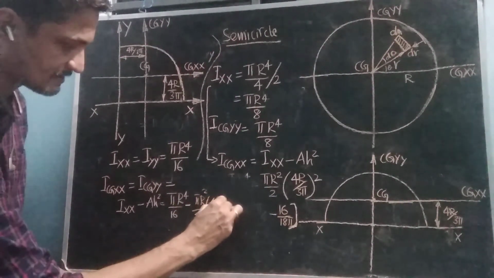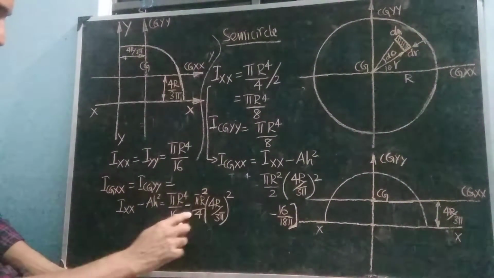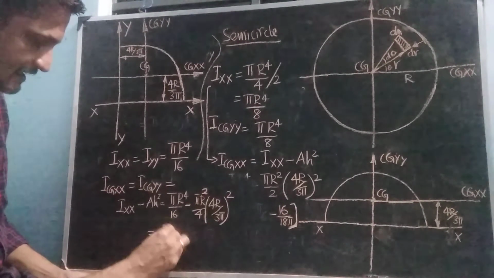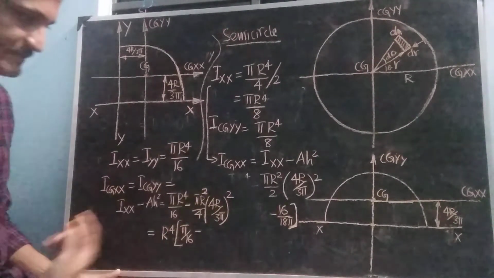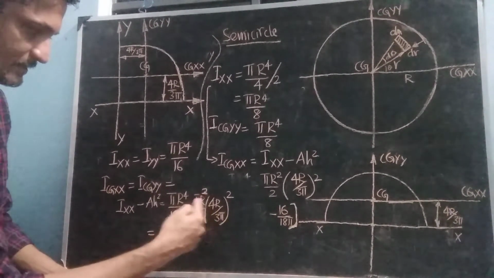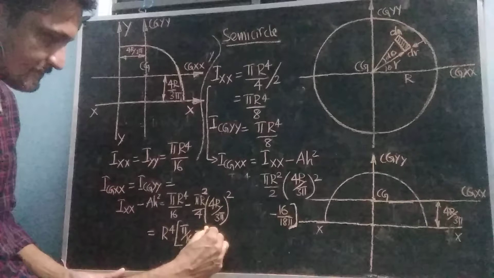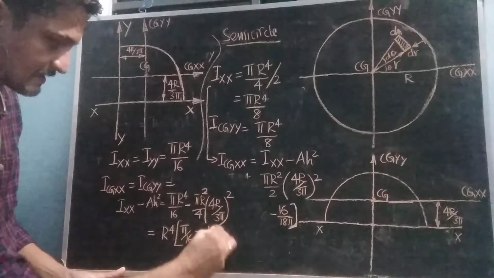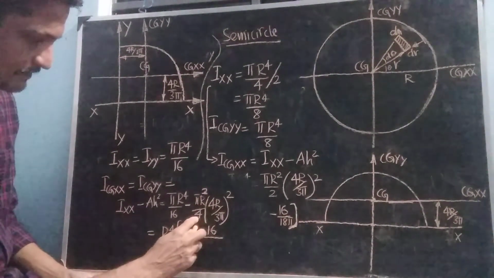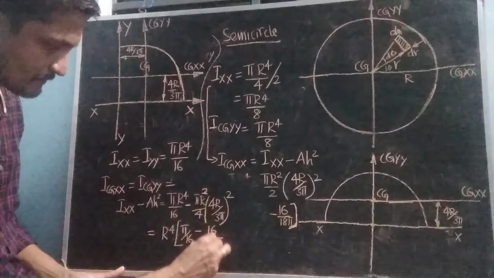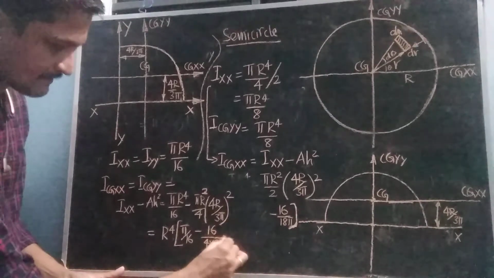That is AH square, h is 4r by 3 pi, whole square. We can take r raised to 4 out of bracket, then pi by 16 minus, here pi square, one we can cancel, then this one is 16 divided by 4 into 9 pi.